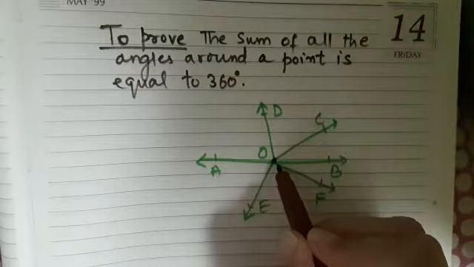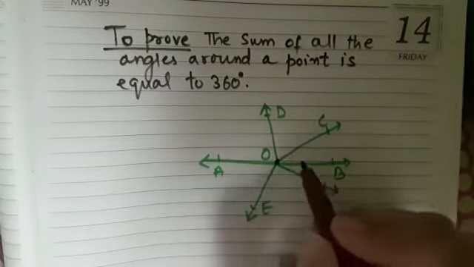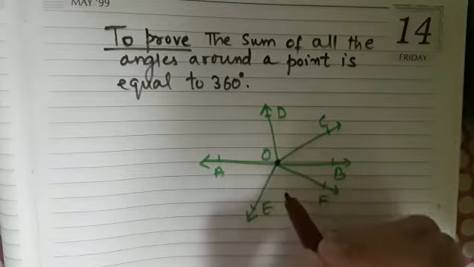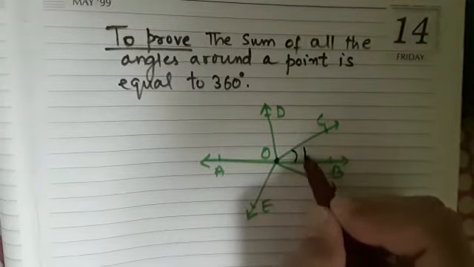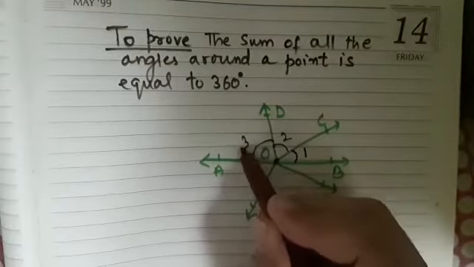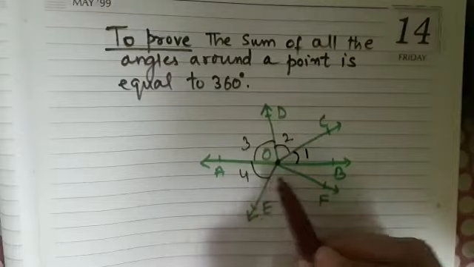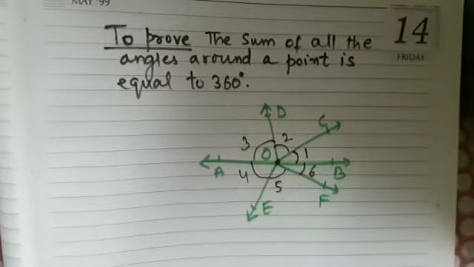Here O is a point and you can see that around this point there are so many angles. So let us mark those angles first. Say this is angle 1, this is angle 2, angle 3, angle 4, angle 5 and angle 6.